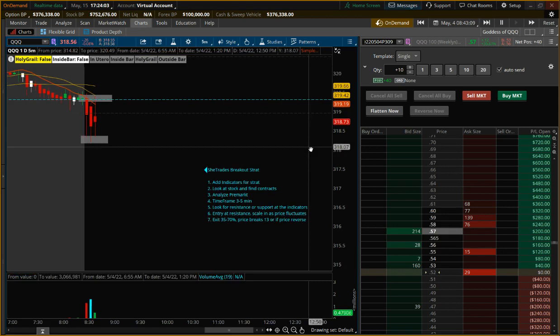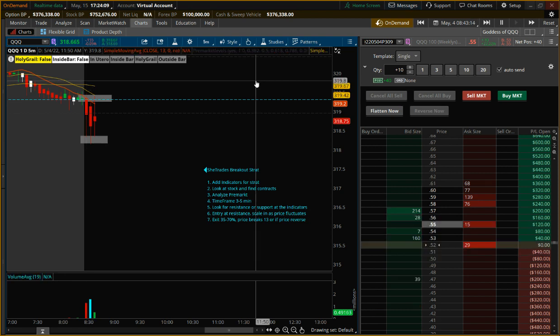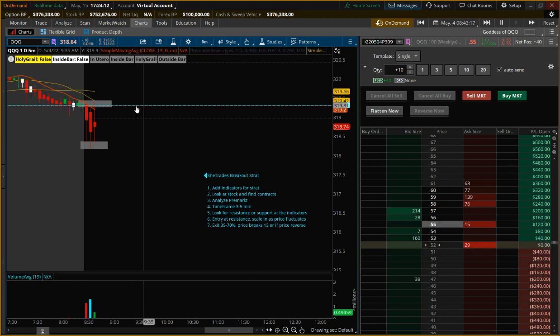Another reason why I was so confident getting in at the open is because price was already under the 50. So once the market opened and price was under the open daily, that was my second conviction.